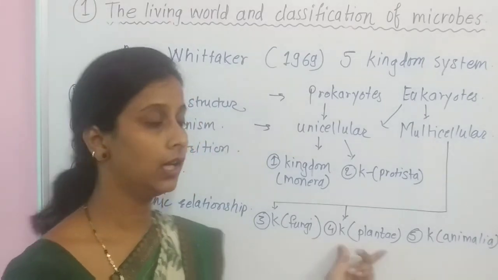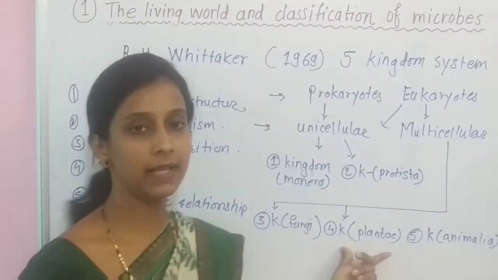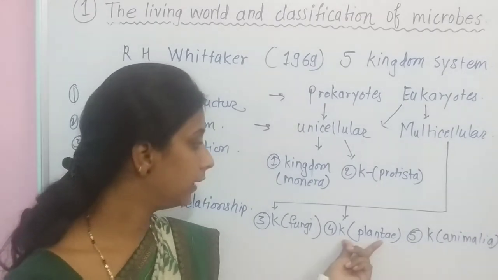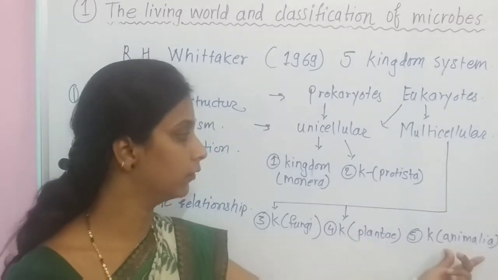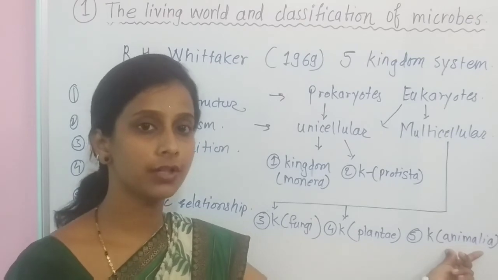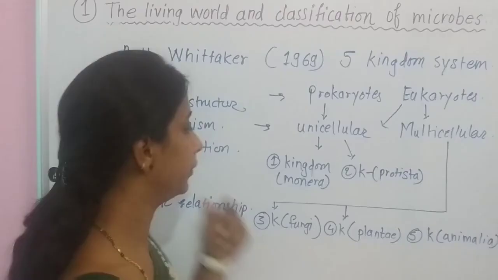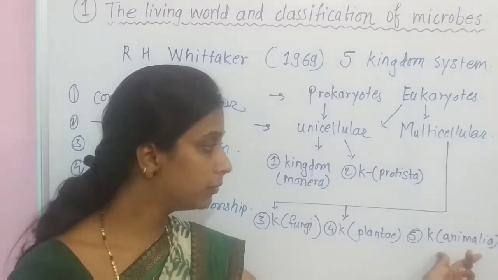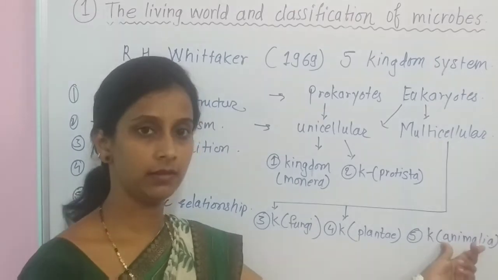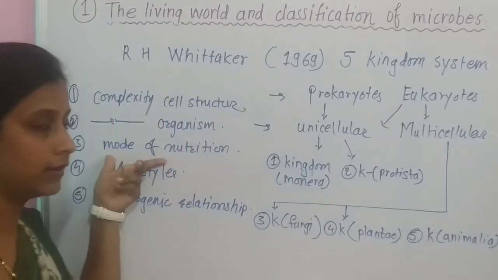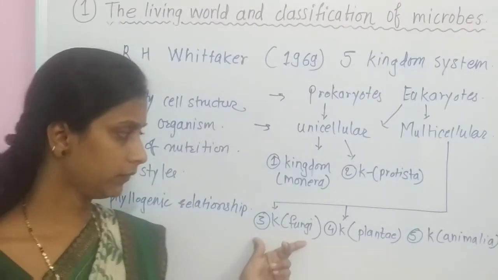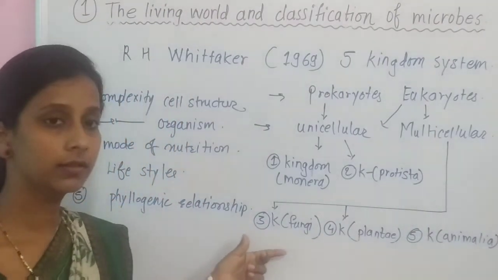Then come Plantae. According to mode of nutrition, plants are those living organisms which make their own food, called autotrophs. Next is Animalia, animals which are consumers, meaning they depend upon other living or non-living things to get their food. So the third criteria used by Whittaker, the mode of nutrition, was used for the formation of these three kingdoms.